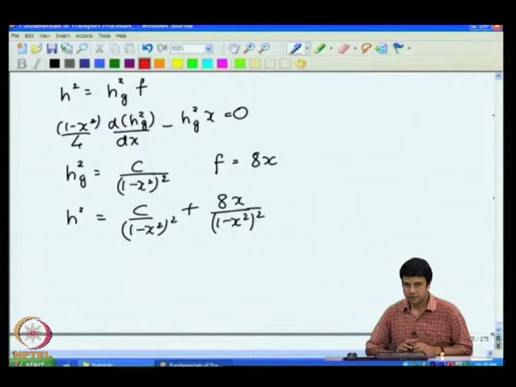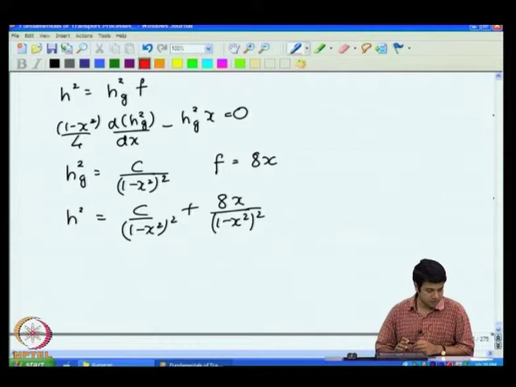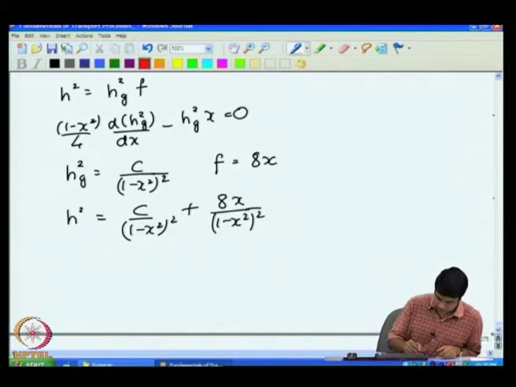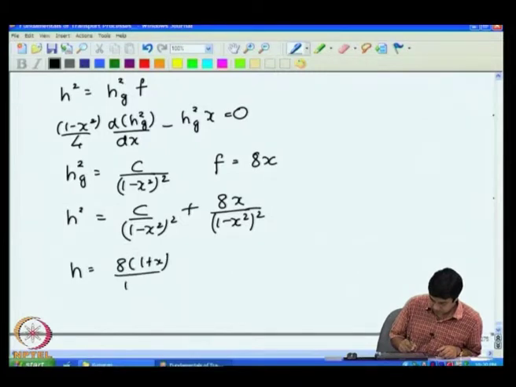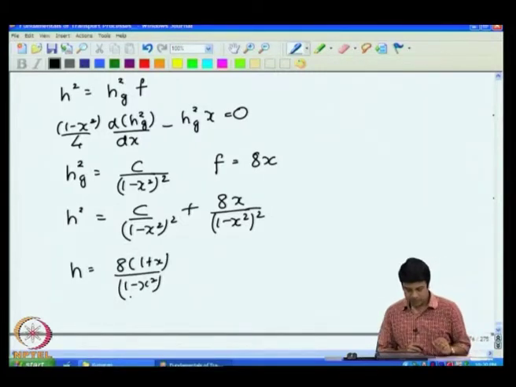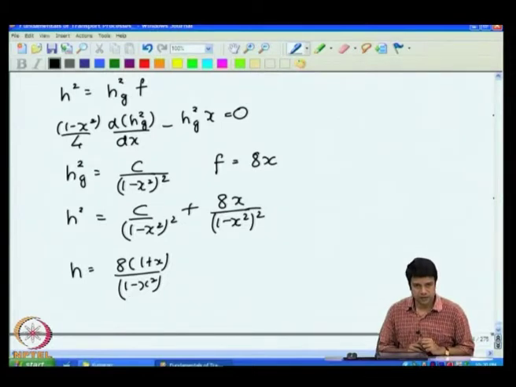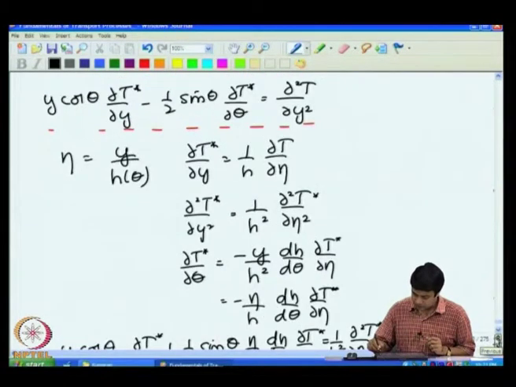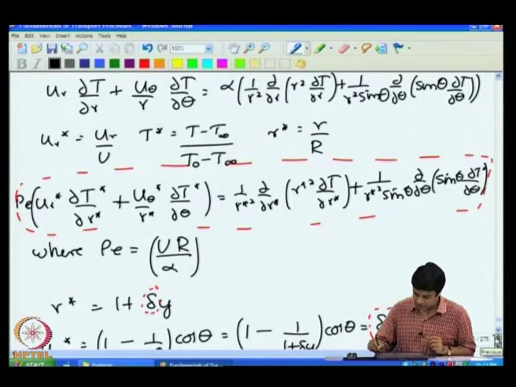If I choose my constant c such that the solution is of the form h square equal to 8 into (1 plus x) by (1 minus x) square, then the solution does not diverge at the upstream stagnation point, it does diverge at the downstream stagnation point.